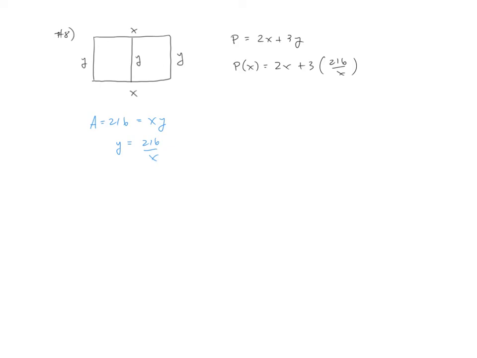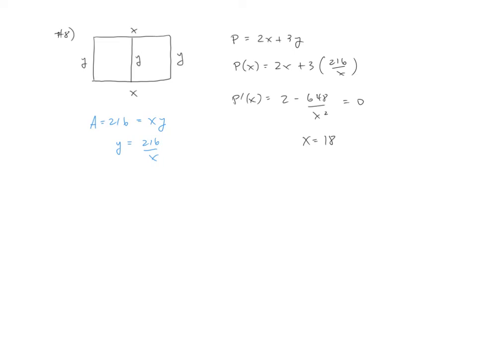Now I'm going to come down and optimize it by taking that first derivative, setting it equal to 0, and solving. When I do so, my first derivative ends up being 2 minus 648 over x squared. I'll set that equal to 0, and when I solve it, I get x equals 18. All right. So x equals 18 off of that.